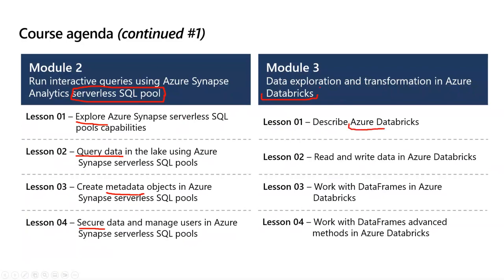So that's where we're gonna try to see here in third module: read and write data, work with data frames, which is very important here. Also a concept from a library you're gonna use within Databricks. Finally, how to use some advanced methods. Okay, that's the third module.